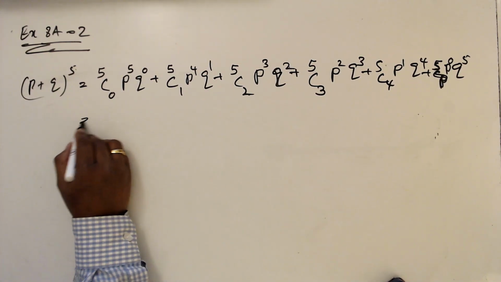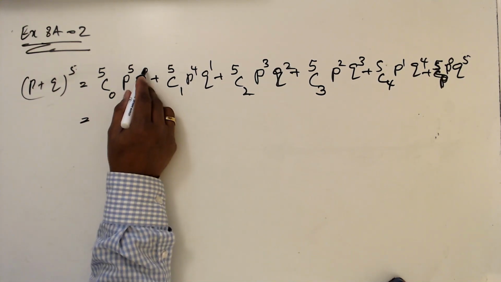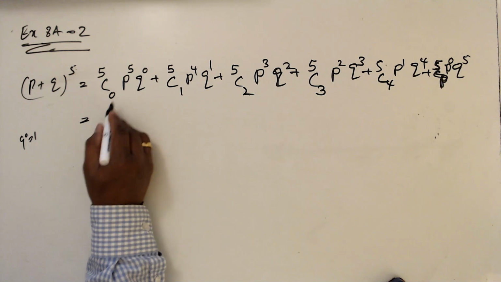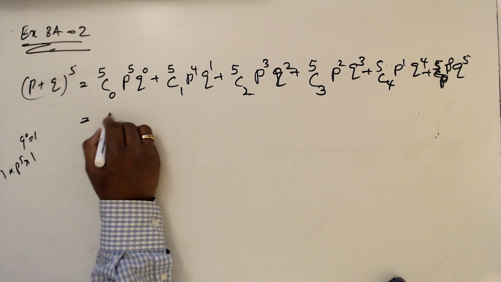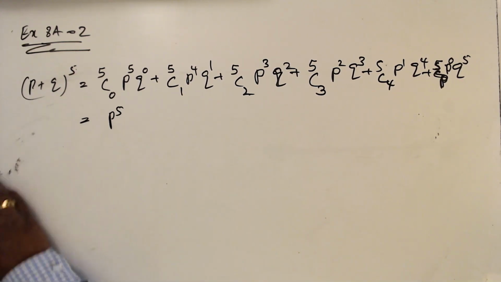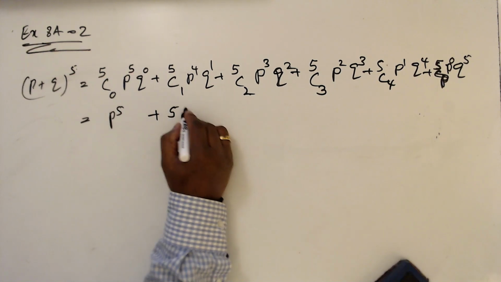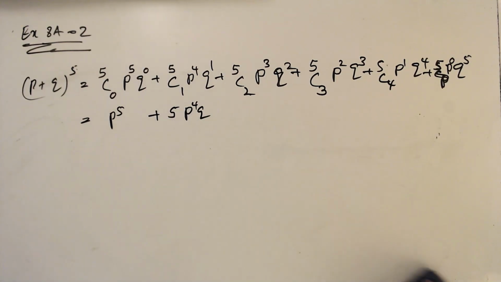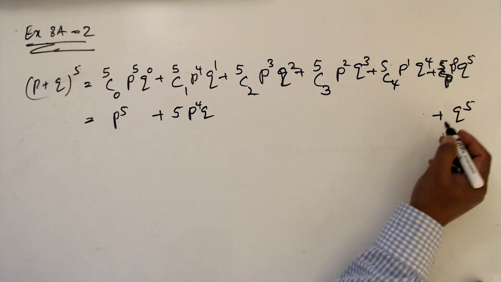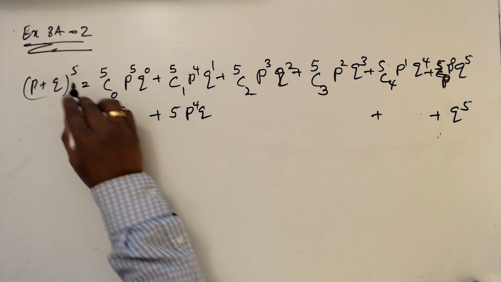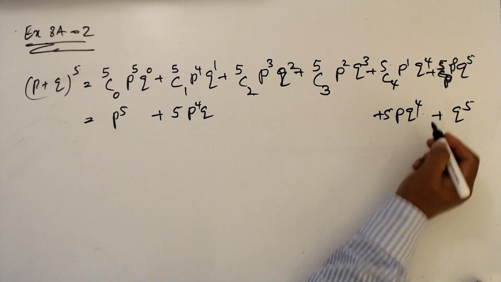Now we know that always the first one is 1 and q^0 equals 1, hence 1 times p^5 is p^5. This is always 5, and we know the last one is 1, q^5. And the one before the last is matched with this one, 5pq^4.